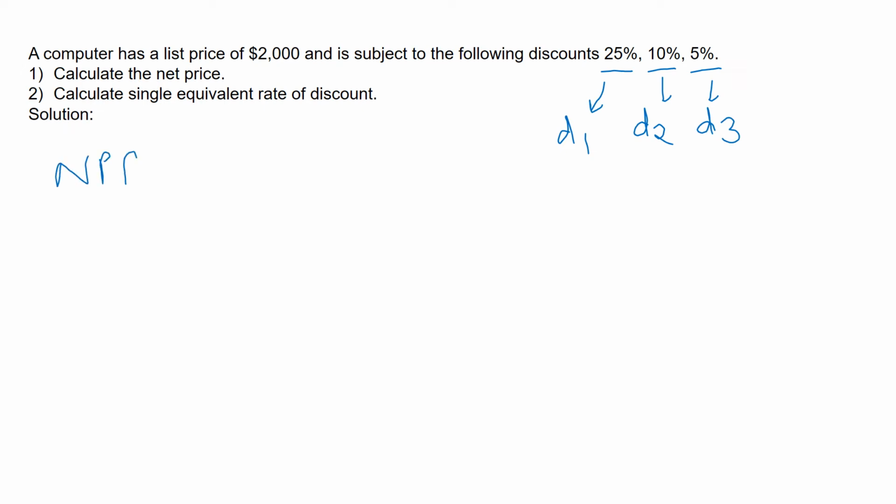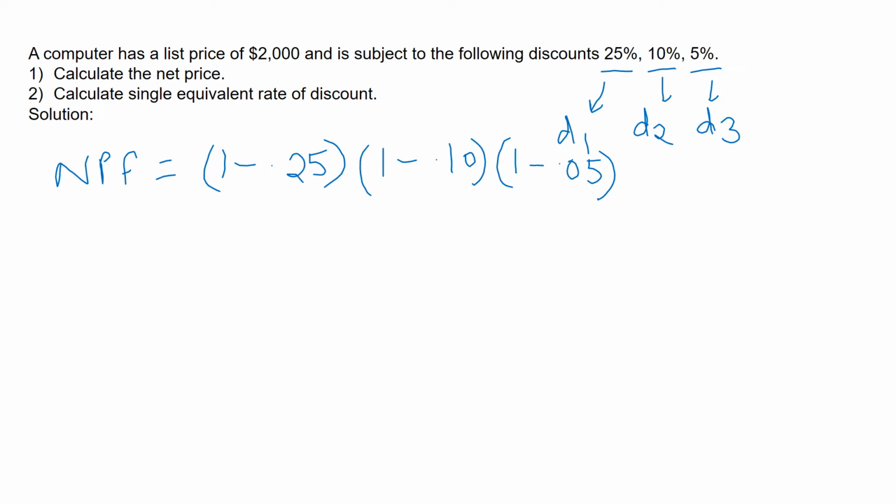Net price factor is 1 minus D1, where D1 is 0.25, then 1 minus D2, 1 minus 0.10, and 1 minus 0.05. This is our net price factor, the product of 1 minus D1, 1 minus D2, 1 minus D3.